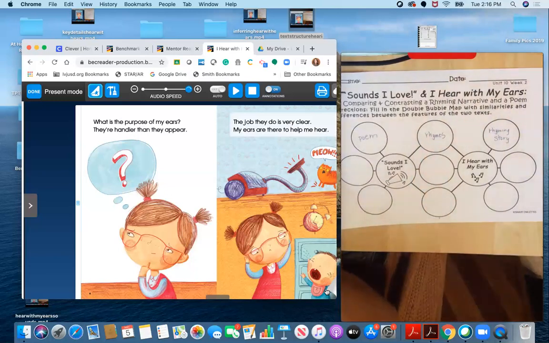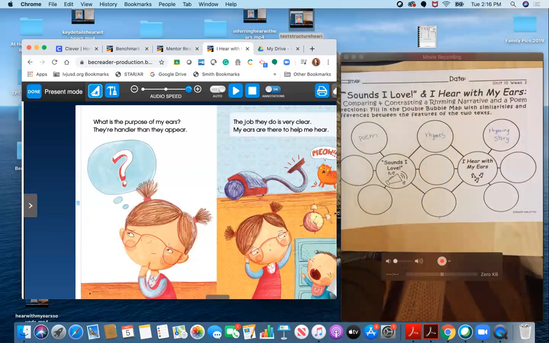Okay. When we compare and contrast text, we can also think about the graphic features that the text has, talking about the kinds of pictures. So we have I Hear with My Ears open right now, and we can see that this has illustrations that someone drew or painted.